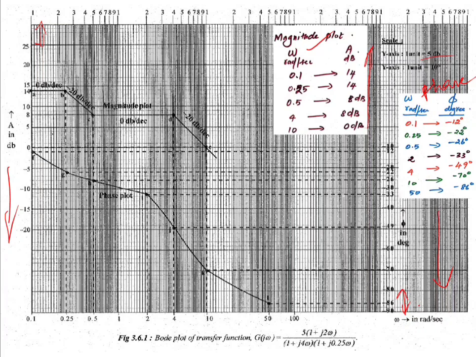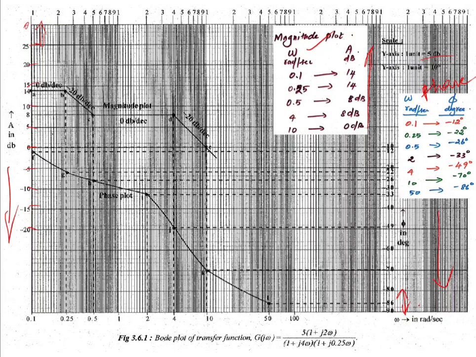We have taken, when you are selecting this, starting with 30 dB, this is 25, 20, 15, 10, then 5, 0, minus 5, minus 10, minus 15, and minus 20. Starting with the magnitude plot, in fact before plotting we have to identify the frequency.